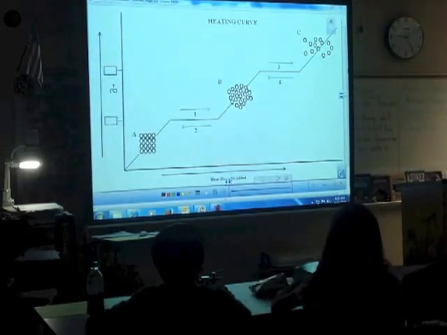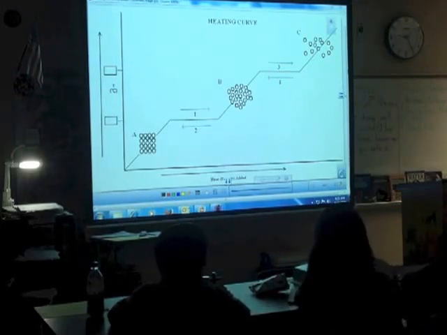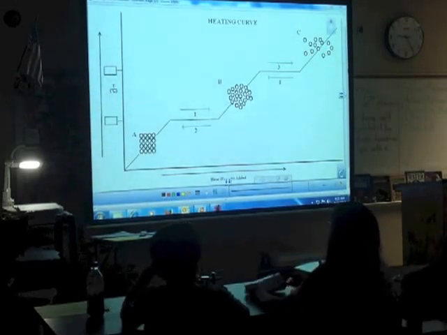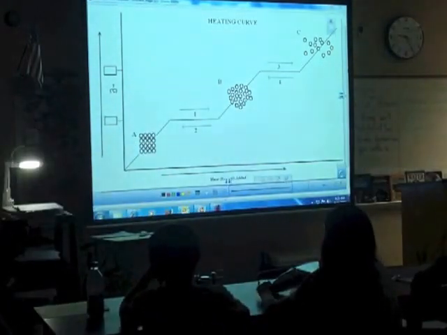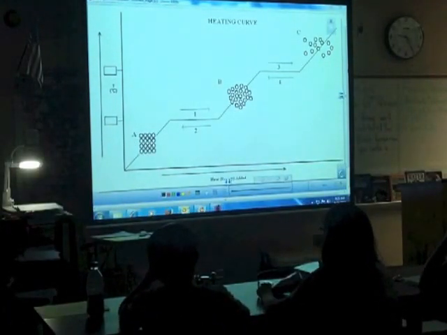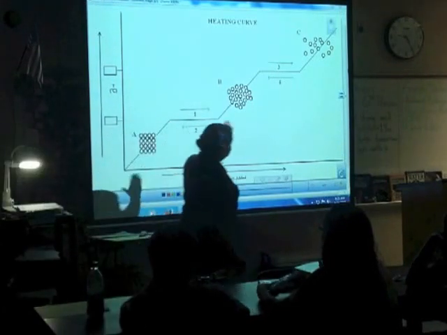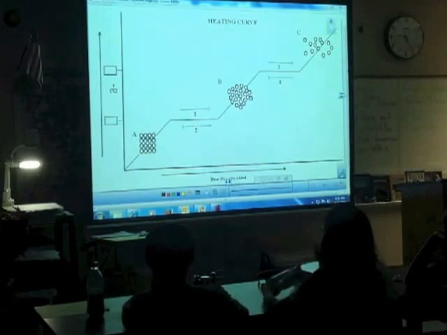Any other differences? Yes? Instead of being straight points, they usually curve. Okay, so you saw more of a curve. If you look at this one, does this one look like a curve? No. The other one did, right? The one you did is curved. This one is a lot more specific. And we're going to discuss that in just a second.